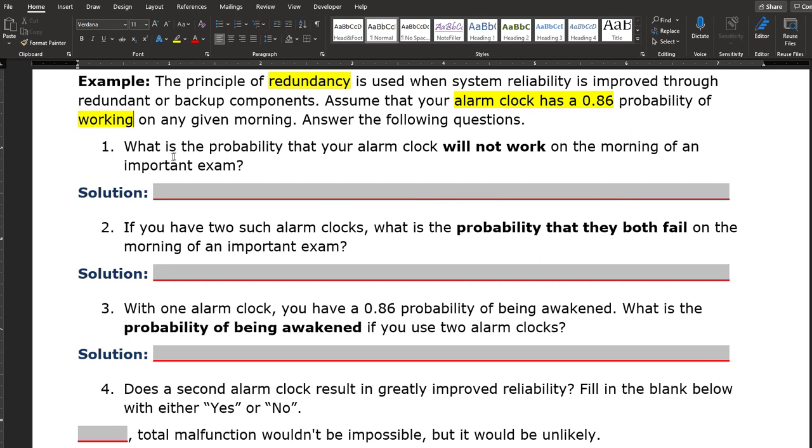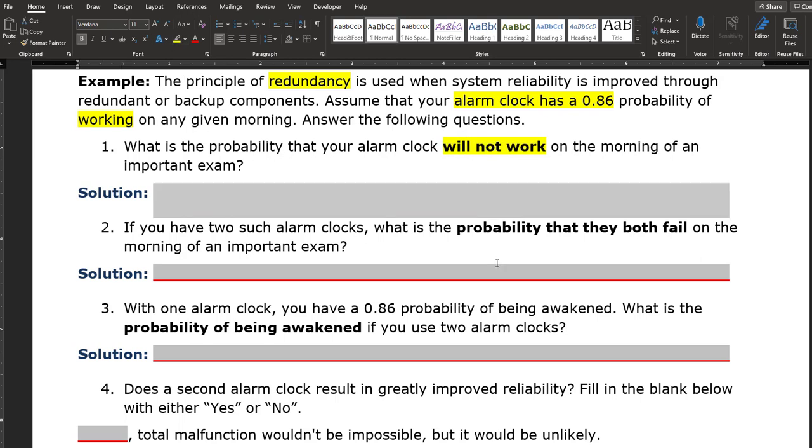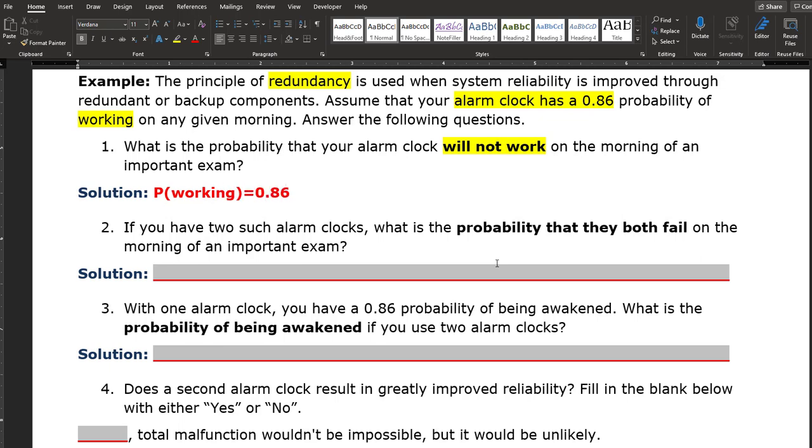The first question says, what is the probability that your alarm clock will not work on a given morning? We do know that the problem statement gives us the probability of working as 86% or 0.86. So the probability of not working is going to be the rest of whatever you need to get to 100%.